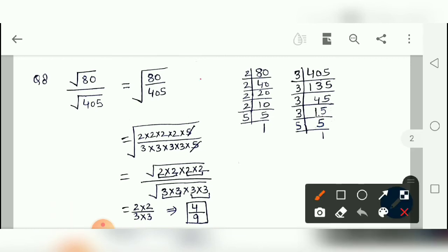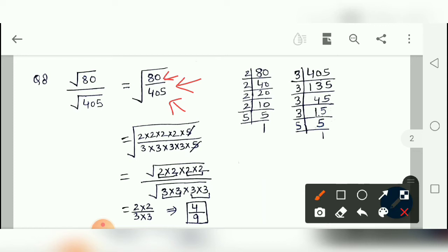Here, dear students, you can see that neither 80 nor 405 is a perfect square. So we cannot find the perfect square root of these two numbers.